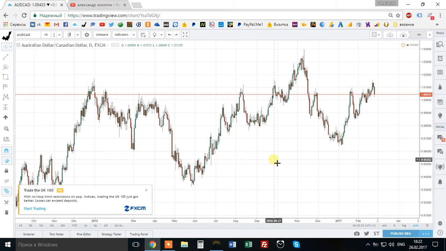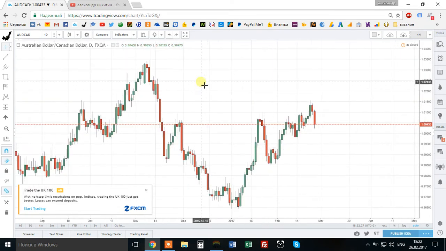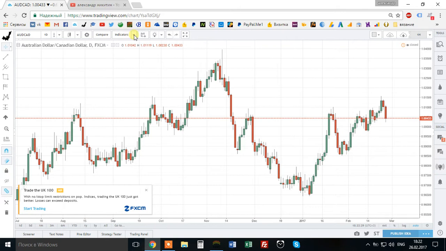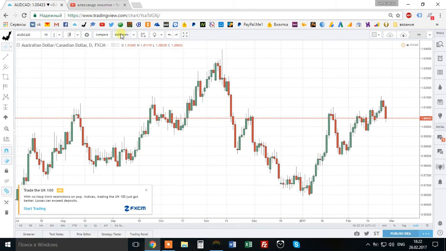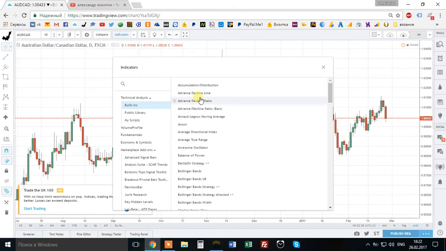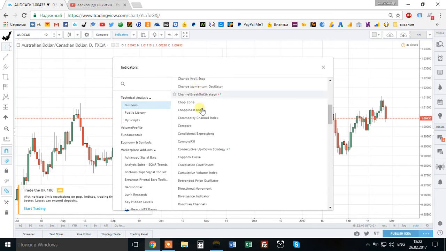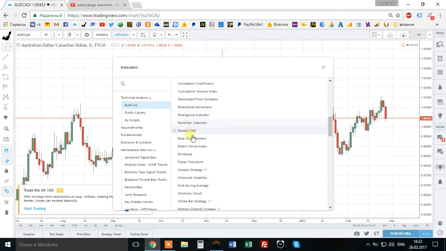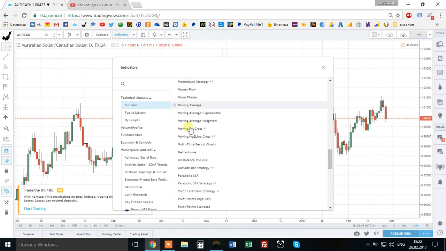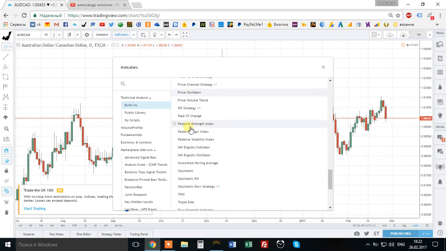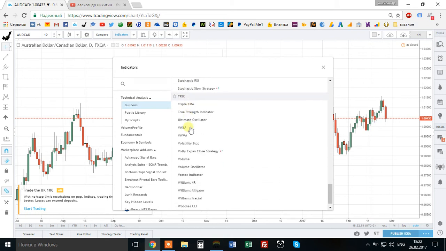Well, another swing identification technique is called the fractal swing system. What are those fractals? Let's see. Do we have fractals here? We should have some fractals. Moving average, pivot, stochastic. Zigzag is here.